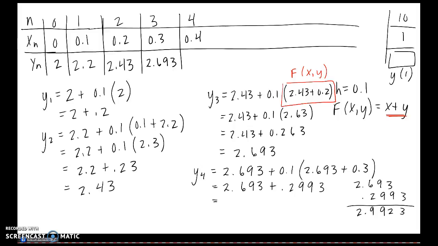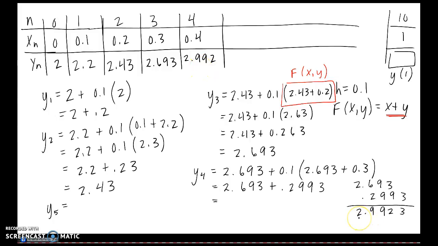Now this is where it gets a little tricky. For the AP test, 3 decimal places is all we need to approximate. But according to the solution, when you go to find y sub 5, you should be using this entire approximation. So in the table, I'm going to write it as 2.992.